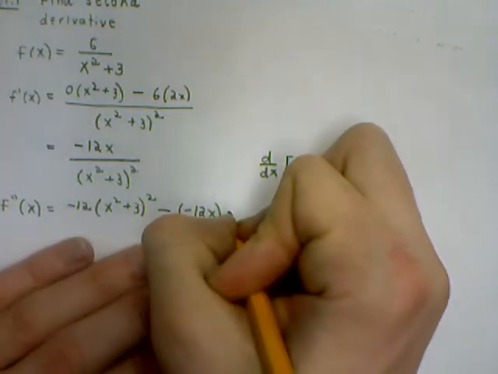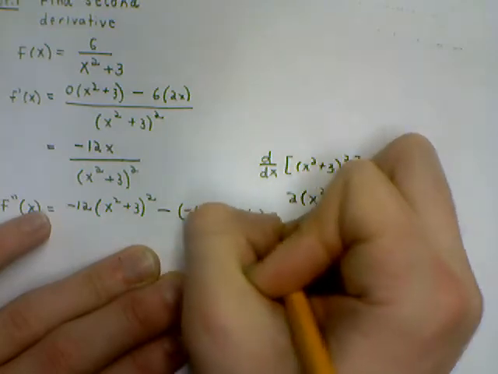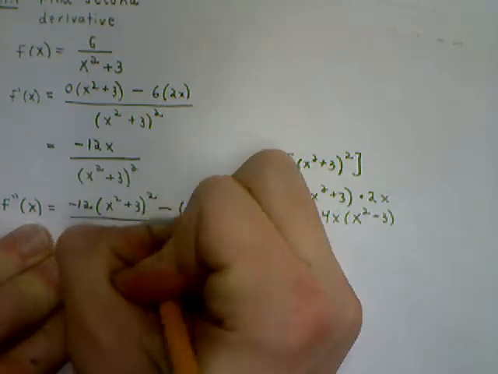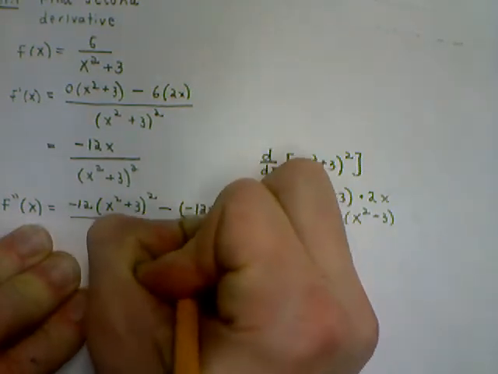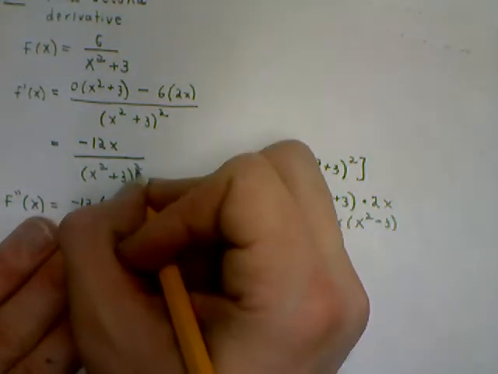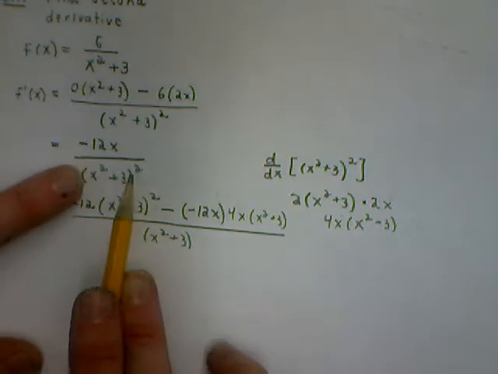So I'm going to write that right here, times 4x times x squared plus 3. I left it factored for a reason. All over x squared plus 3 squared, all right, so now I'm squaring the whole denominator of the previous problem.